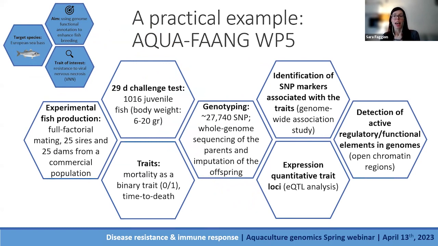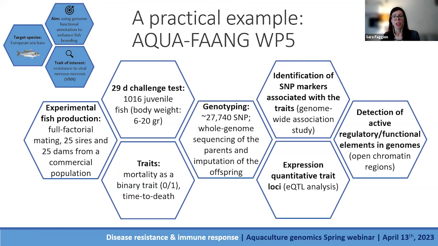Resistance was recorded as a binary trait, so dead or alive, and as time to death. The experimental fish were genotyped using a high-density SNP panel, but their parents were whole genome sequenced, so we were able to impute the offspring to whole genome genotypes.